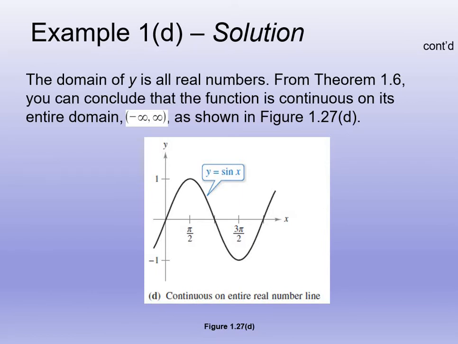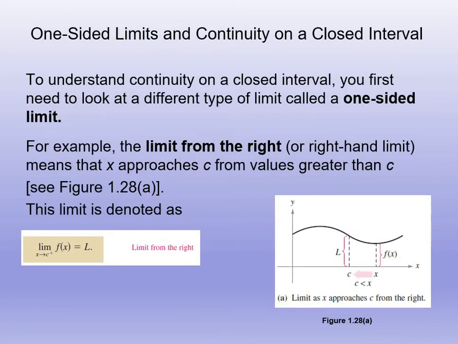And we know that the left-hand and the right-hand limit as x approaches pi over 2 will be 1. So the limit exists, the value exists, and since the value equals the limit, we know the function's continuous. And I can do this at every single part of this sine wave. So we know that sine is continuous all across its domain.